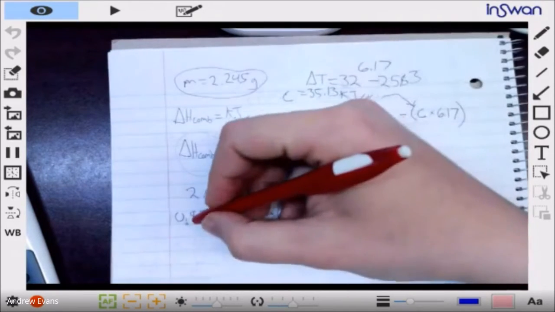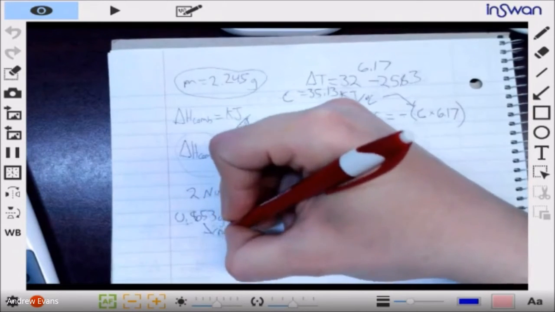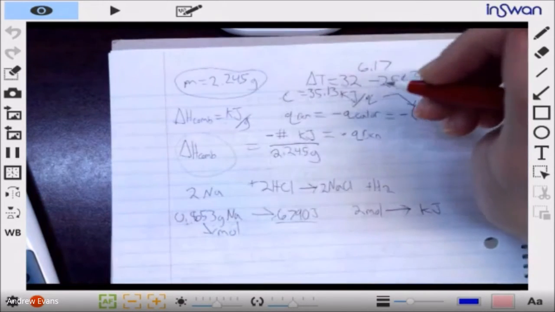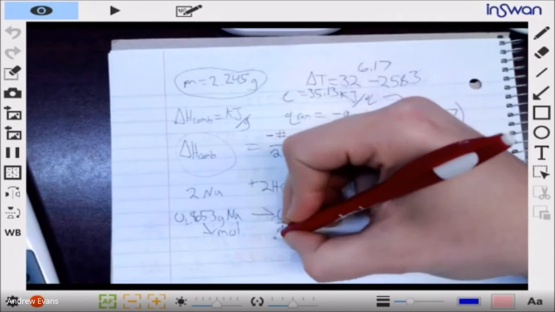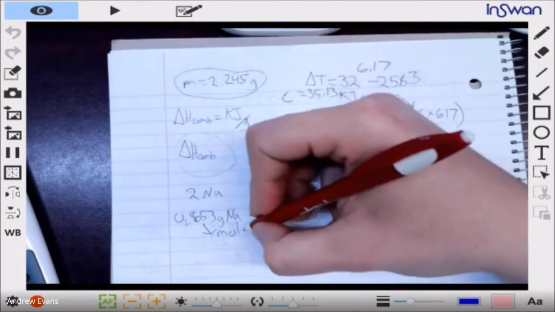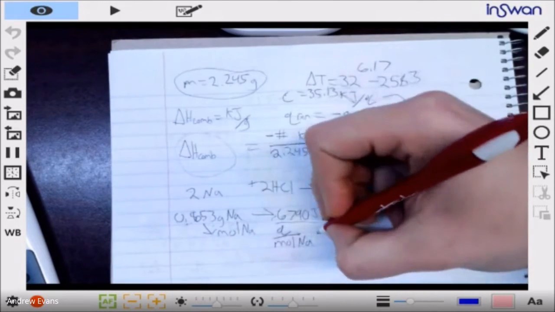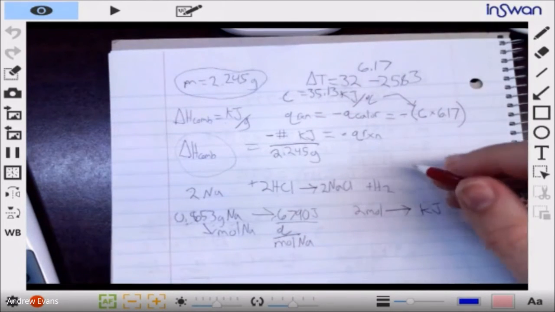So you have to turn sodium into moles of sodium. Then you're going to say this heat divided by your moles of sodium. That's going to give you a partially intensive ratio.